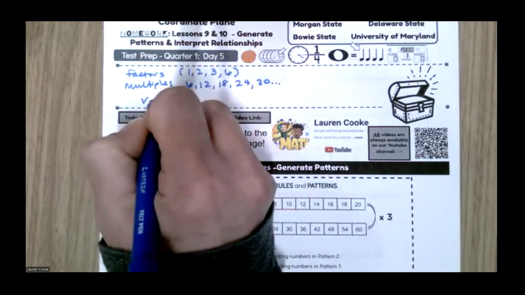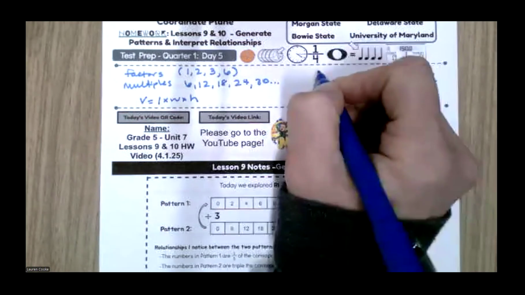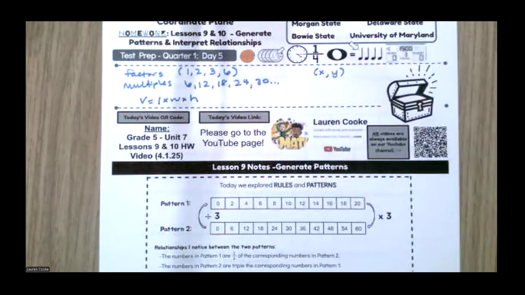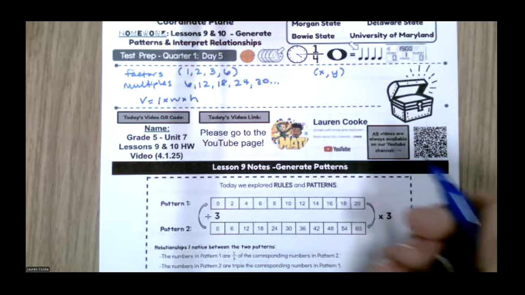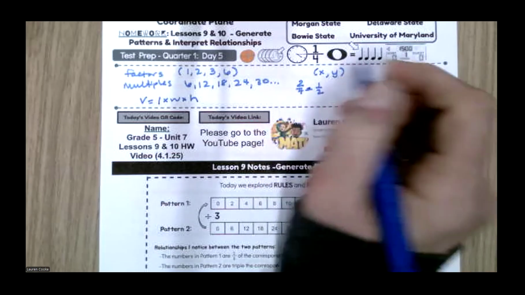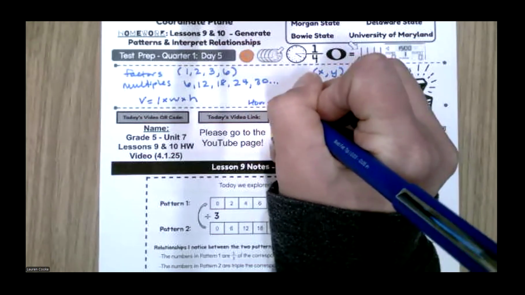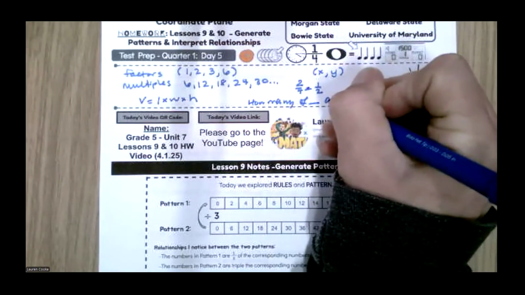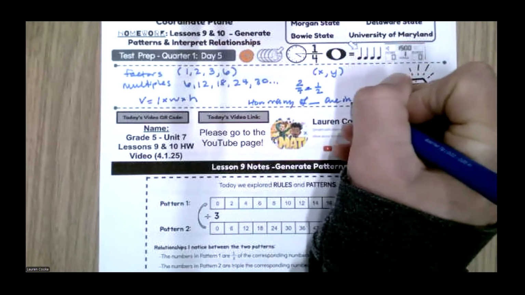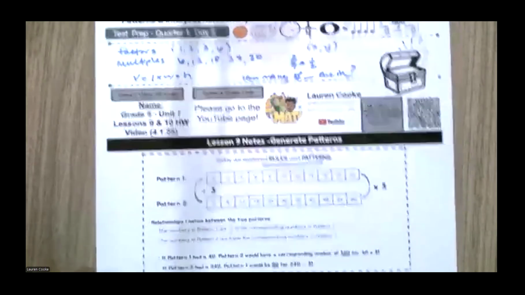We also want to know volume, length times width times height. X comes before Y when we're plotting. 2/4 equals 1/2. Division question is how many of blank are in blank? Okay. So we explored some rules and patterns.